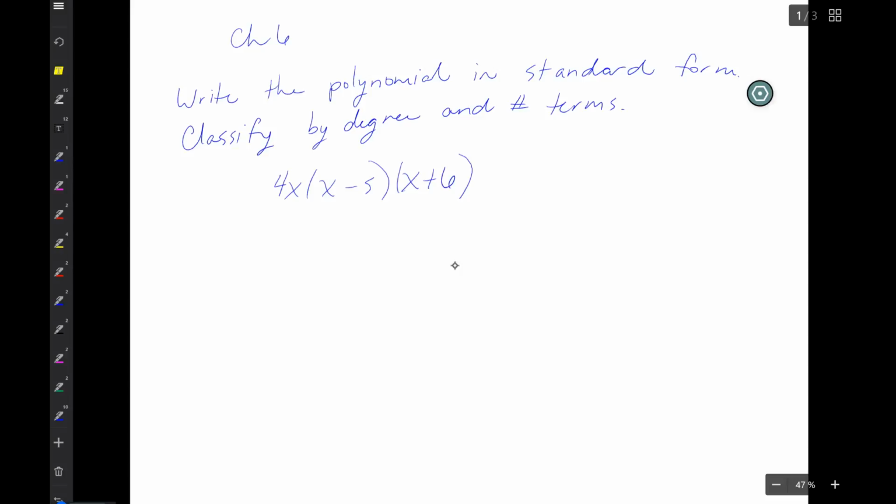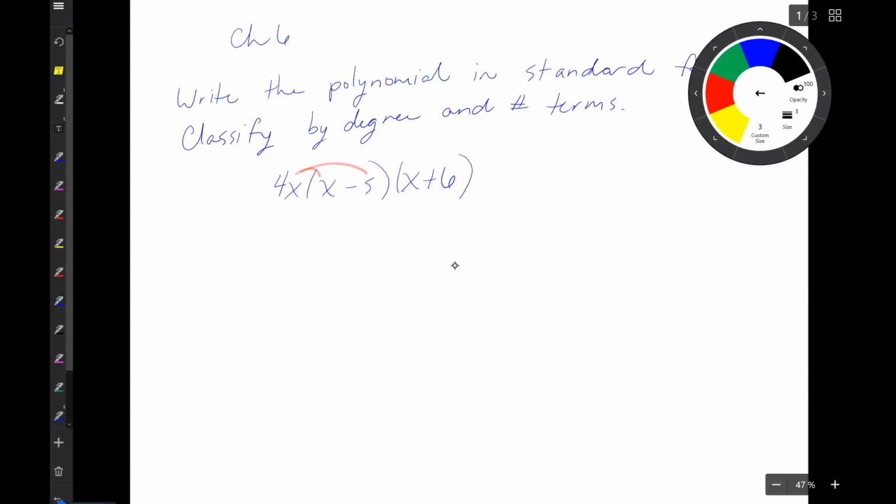So you could FOIL this first and then distribute, or you could distribute and then FOIL. Either one. So we'll distribute this guy, and that would become 4x squared minus 20x. Here's the tricky part. Because we haven't multiplied this one yet, we've got to keep it in parentheses because it's just not simplified. Then what do we do to simplify this out?